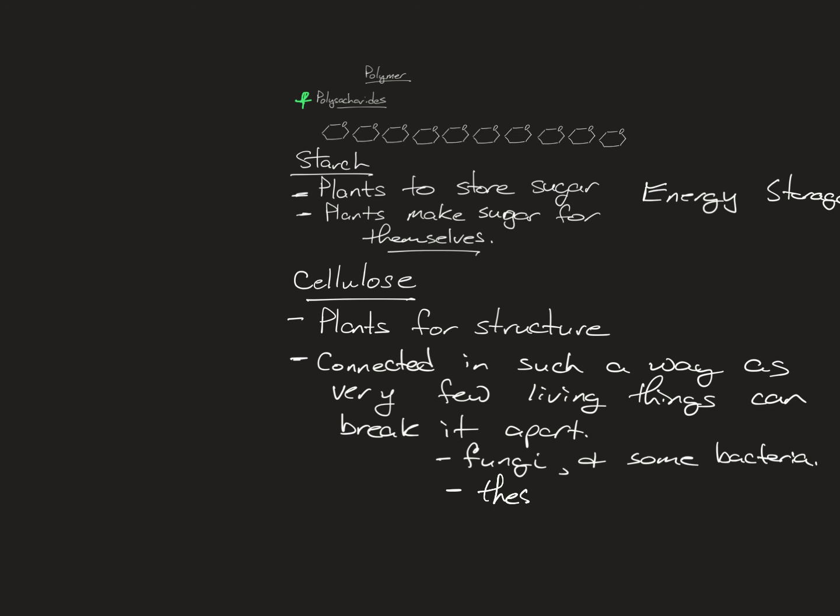That's the special enzymes. These organisms have a special enzyme that helps them digest cellulose. If you had the enzyme, you could eat this the way you eat cotton candy.